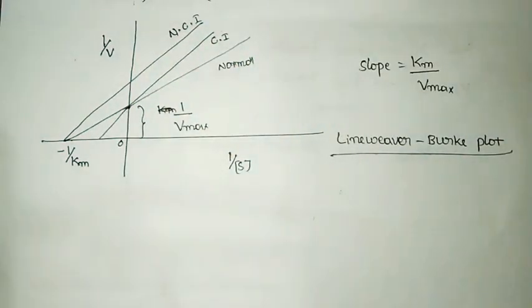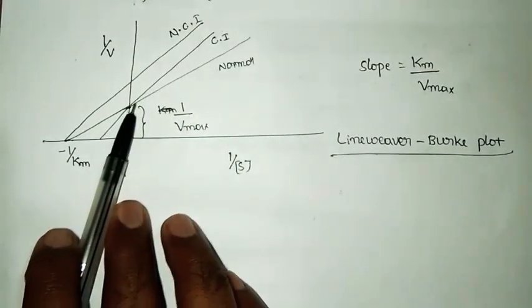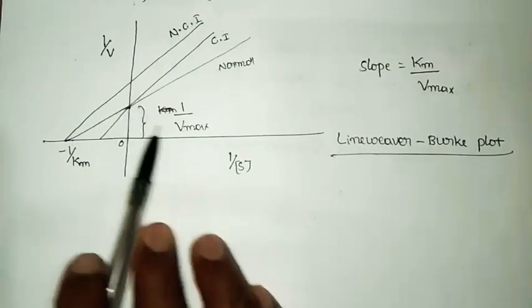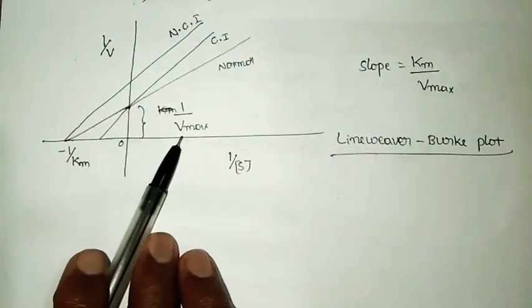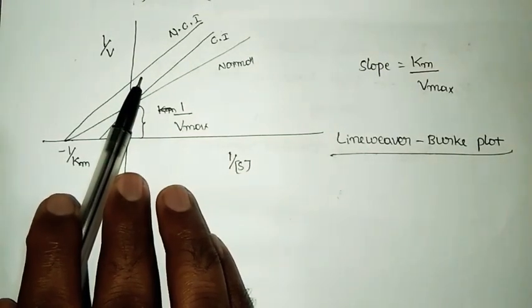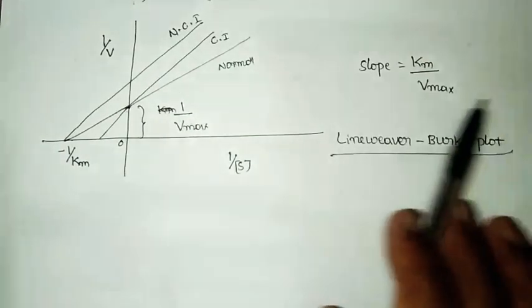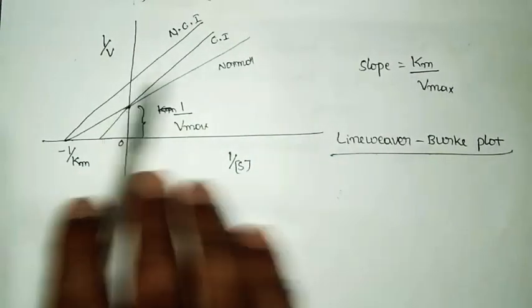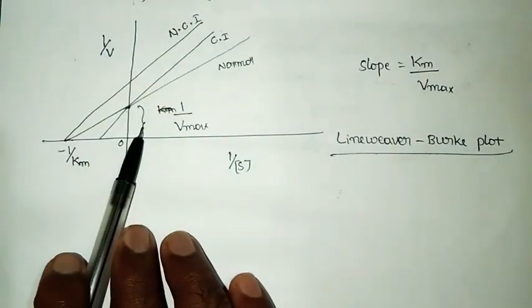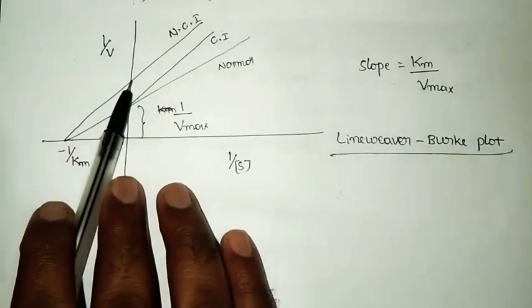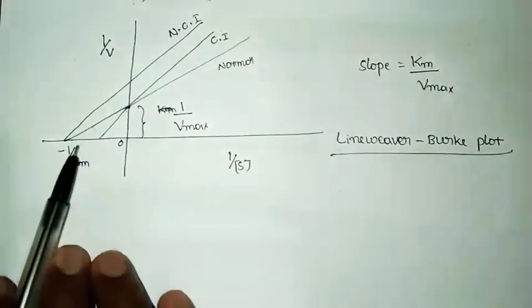Here you can observe, in case of a non-competitive inhibitor, the slope will remain the same, but the maximum velocity has changed. Since the slope value won't change, the Km value will remain the same in case of a non-competitive inhibitor, but the intercept has changed, so the maximum velocity for that particular enzyme will change.